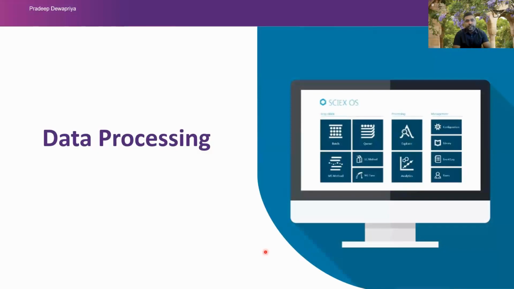Then we move to the data processing and optimize the data processing workflow. In general, data processing is the most challenging part of non-target analysis. For data processing, again, we use the SCIEX OS analytics module.